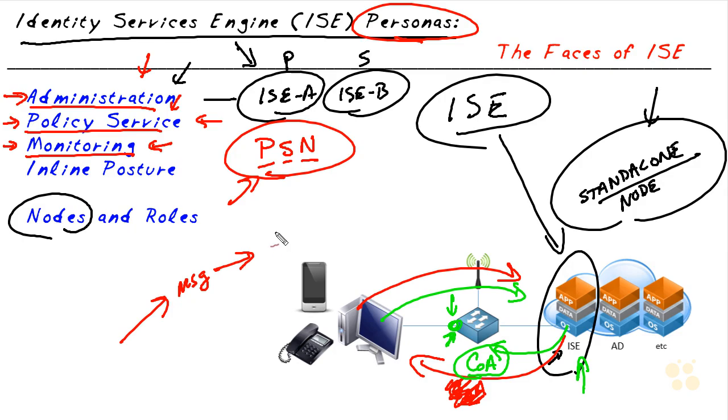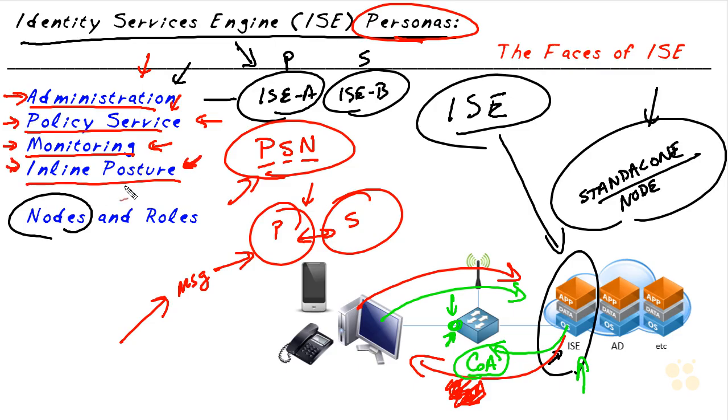And for fault tolerance, we might have a primary node that's providing the monitoring function as well as a secondary node for the benefit of fault tolerance. That way, if a single server goes down, we can still collect our log messages from the other ISE servers that are operating in our environment.